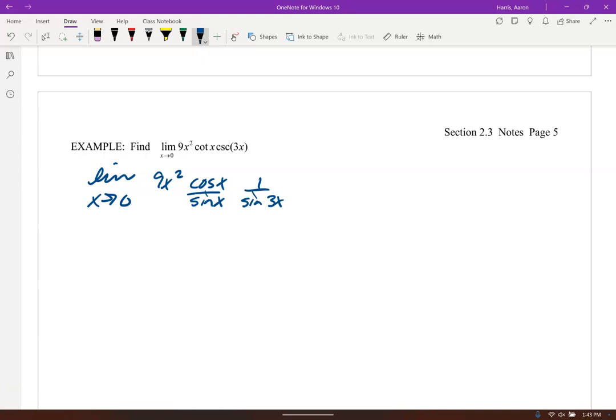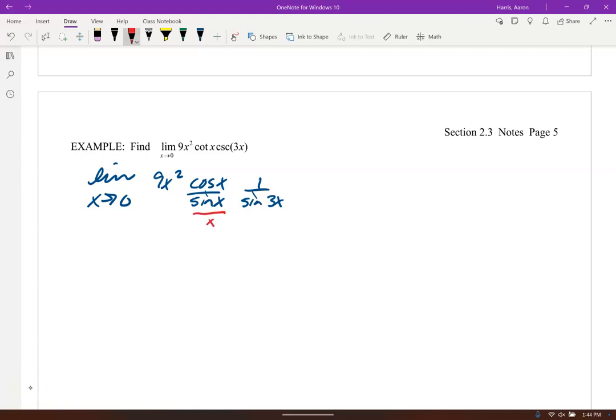And then from here I want sine x. Keep in mind you want a sine x over an x, so I'm going to introduce that.